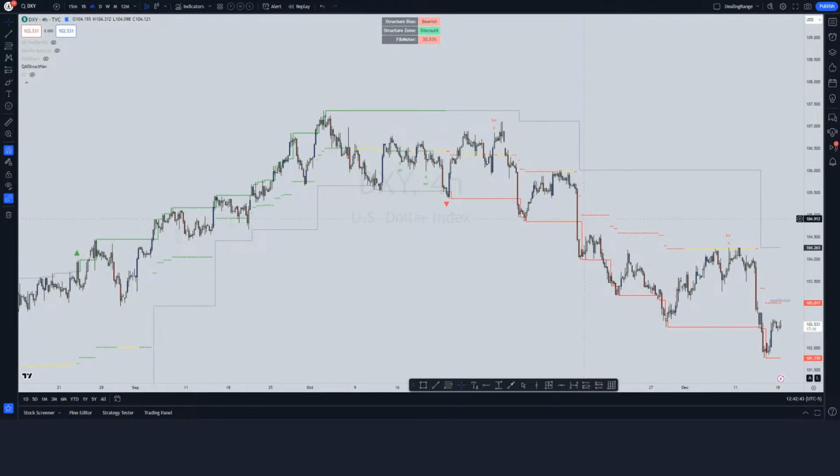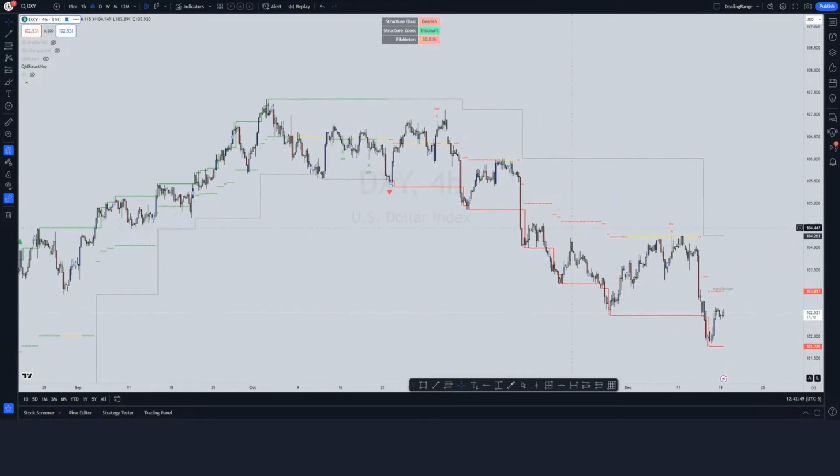So we are in a confirmed bearish structure here. Sometimes we don't get the pullback into equilibrium. It doesn't mean you can't take a trade, but obviously the better prices are going to be above equilibrium.